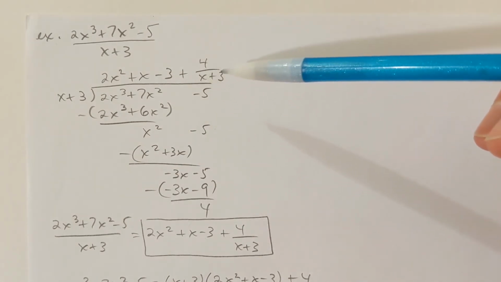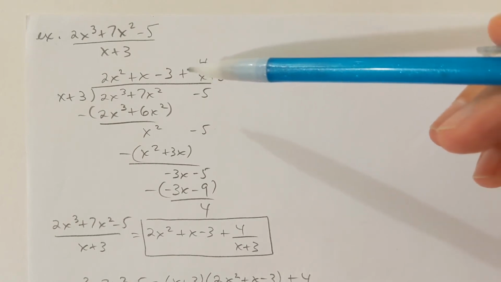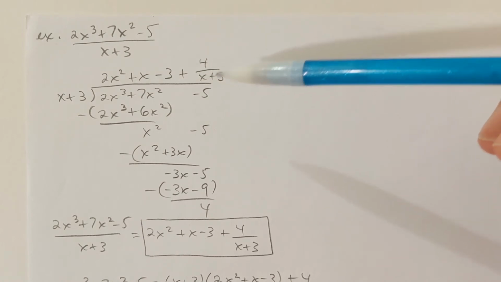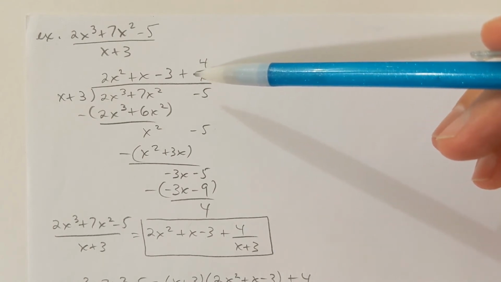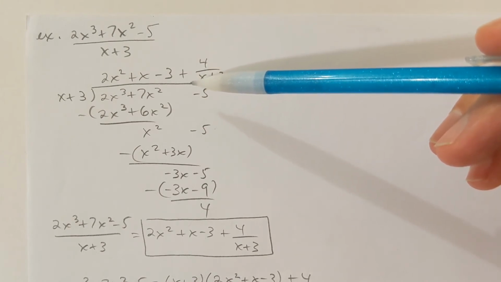And so I'm going to have a remainder over a divisor. Plus, and by the way, a mistake that I see pretty regularly is that a student will forget to write a plus sign. Make sure that you remember the plus sign.